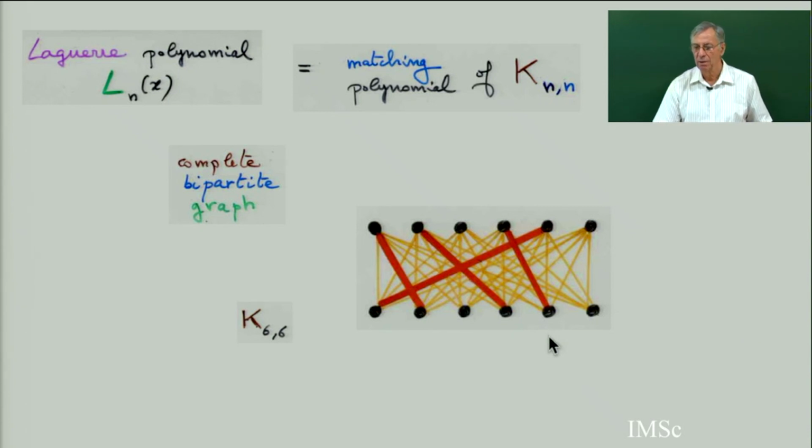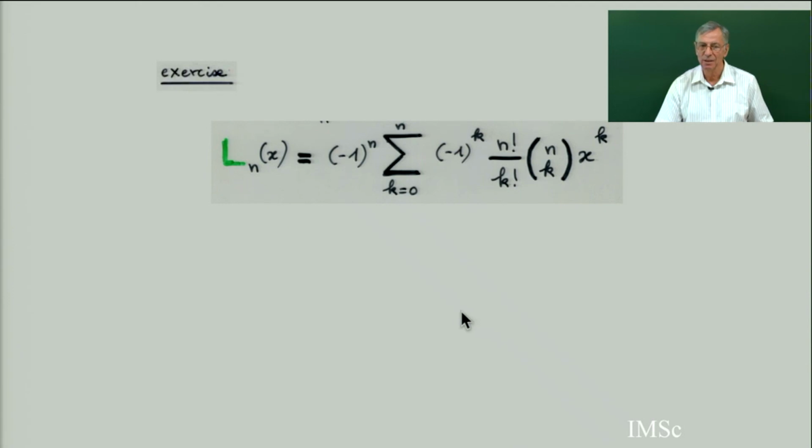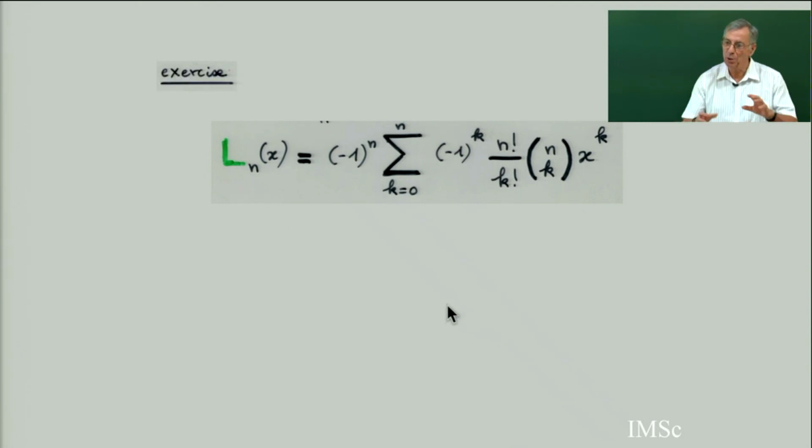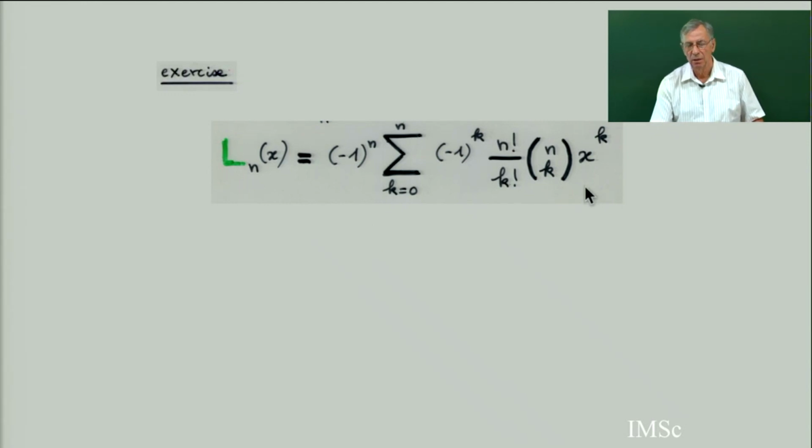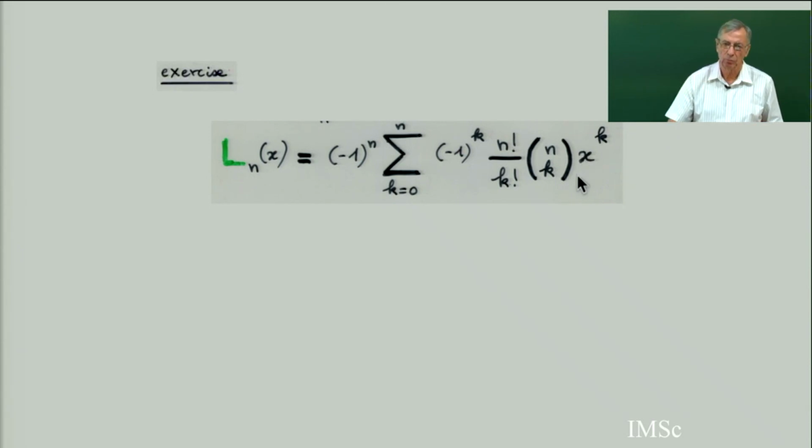Again, exercise, elementary combinatorics. What is the number of ways to choose a matching of the complete bipartite graph? Okay, this gives me this formula for the Laguerre polynomial. This is the coefficient here for the number of matchings. In fact, this is the number of matchings with k isolated points.